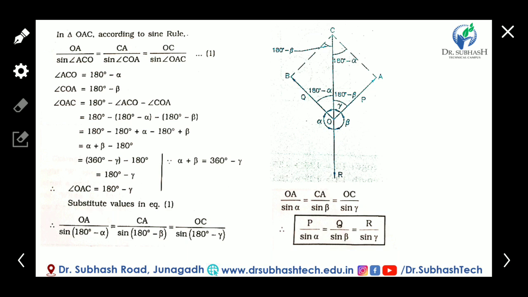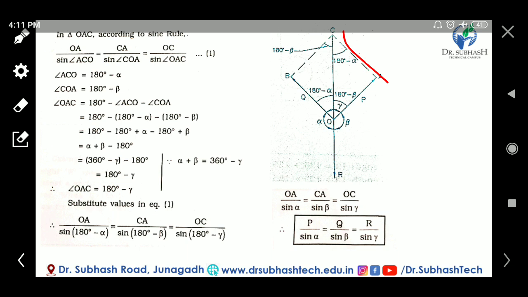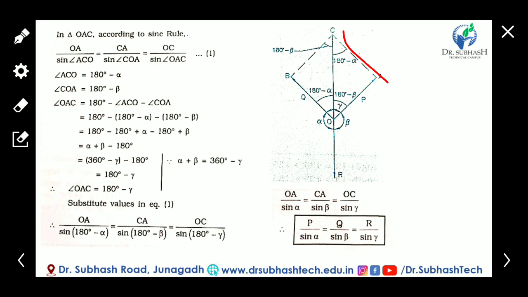We already discussed the sine rule in the triangle law of forces. The next side is CA, and the opposite angle is COA. The side OA has opposite angle OCA or ACO.